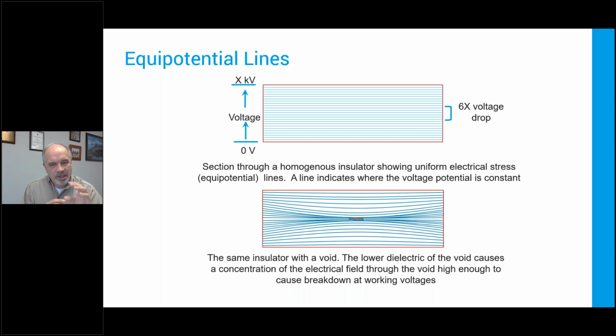So this is one of the reasons you see discharge in internal voids in, say, XLPE cables or any kind of cast or molded insulation where you might have defects like inclusions and dirt, things like that, electrical trees. All that changes the electrical distribution and increases the stress on the defective part.